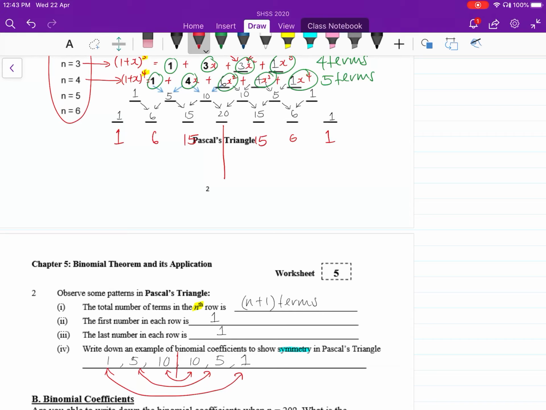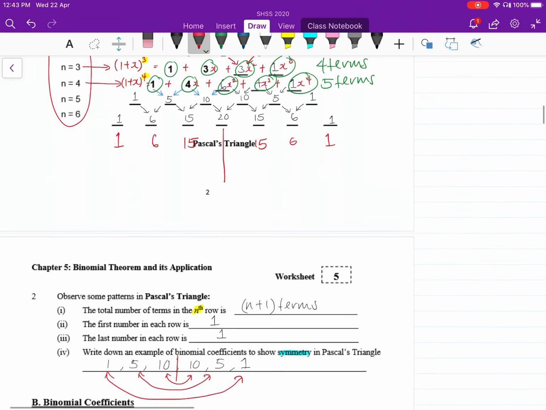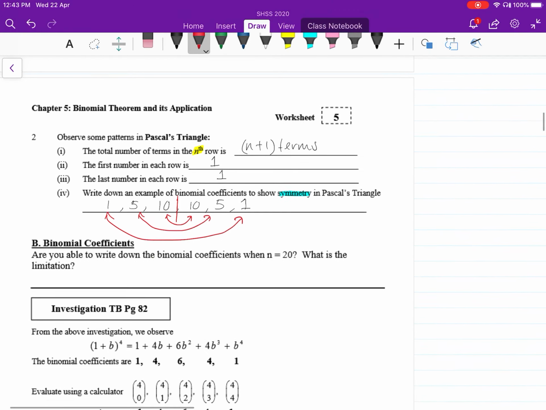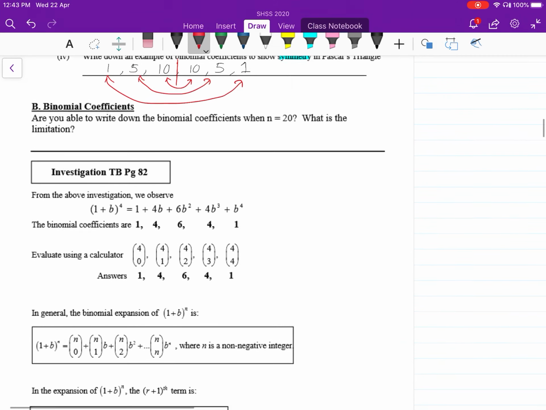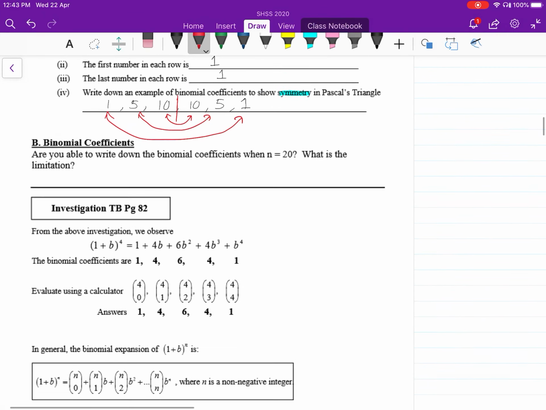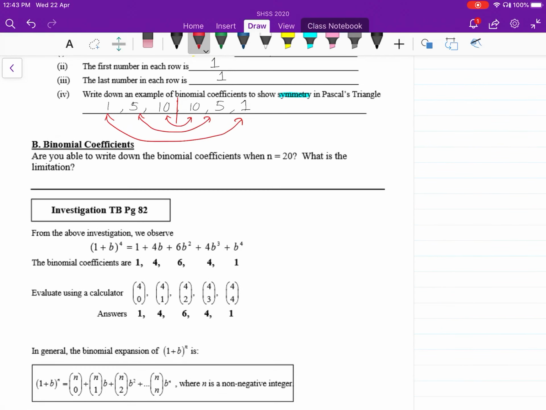Is this really very important? No, not very important. As I said, I'm introducing the topic to you and how binomial came about. Now, if I ask you to write down the binomial coefficients when the power is 20, are you able to do that? Well, you can do that if you have a lot of perseverance, but yes, it's very troublesome.